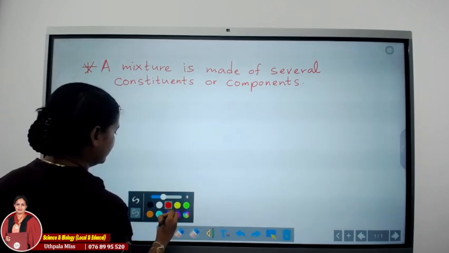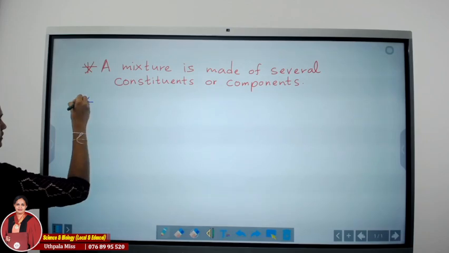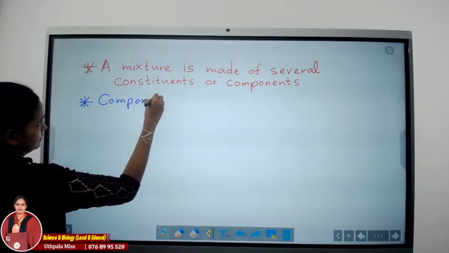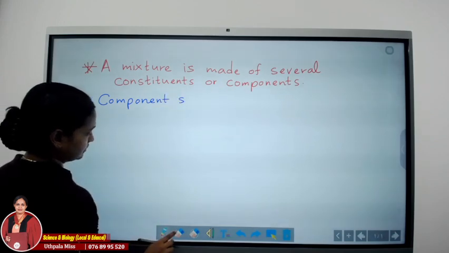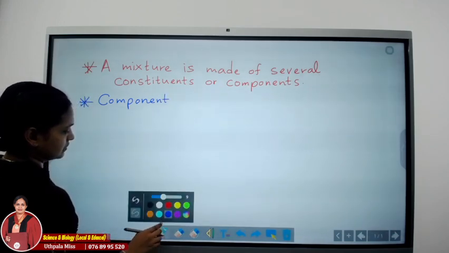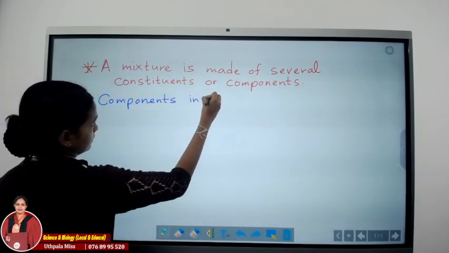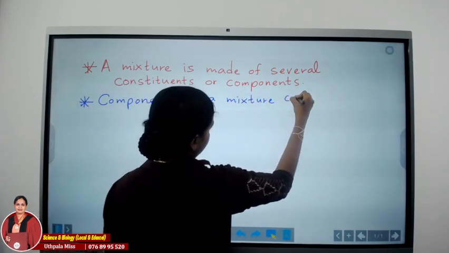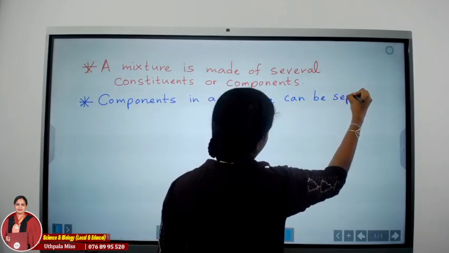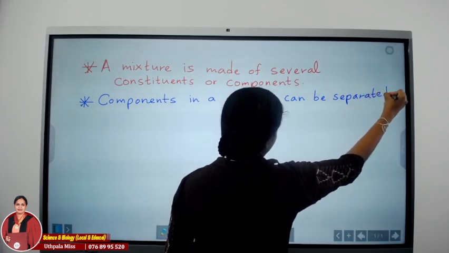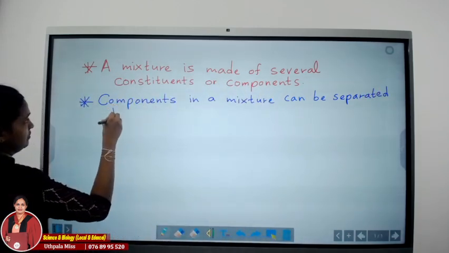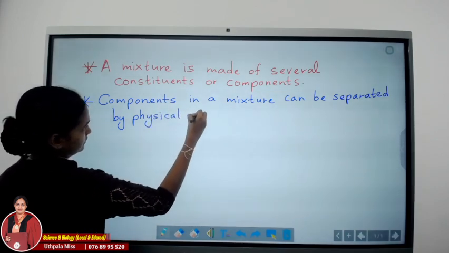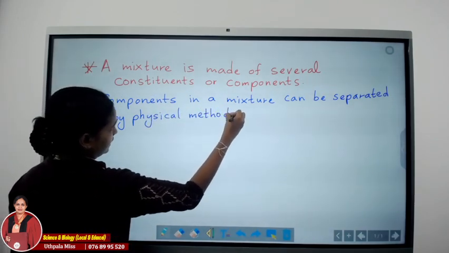Then the components in a mixture can be separated by physical methods. Let's see what those methods are.